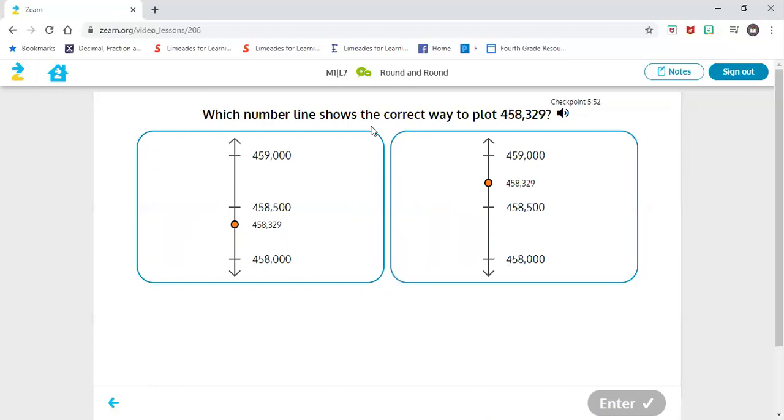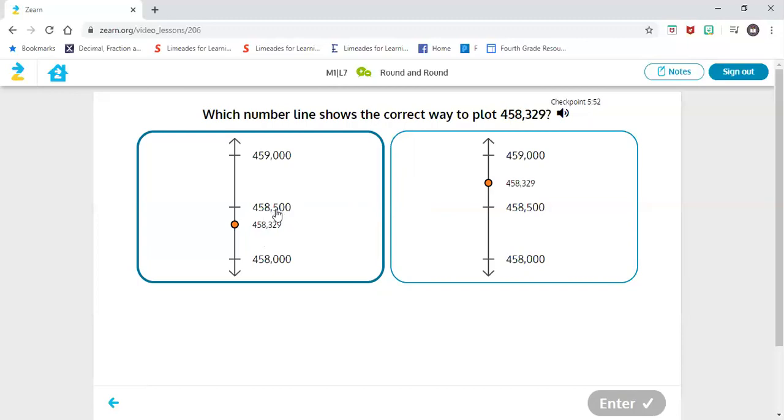When I compare the numbers, I always start with my highest place value, when I'm rounding or even when I'm comparing. So I have 4 and 4, those are the same. So I go to my next place value, which is 10,000. I have 5 and 5, those are the same. So far it hasn't told me which one is greater. Then I go to my thousands, I have 8 and 8. So I still don't know where to plot it yet.